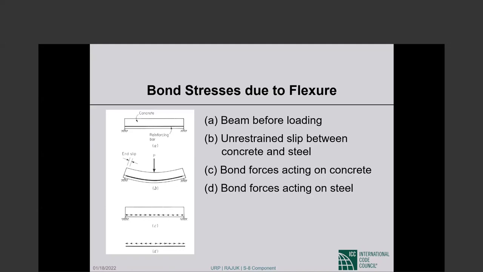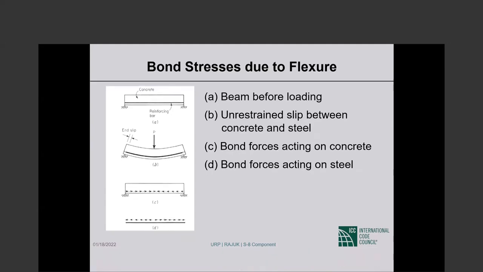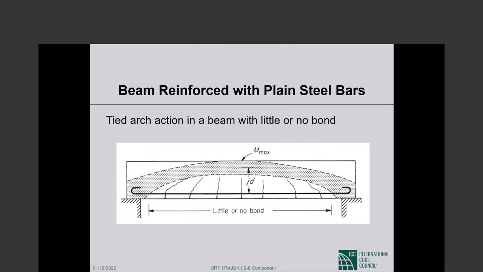The bond stresses acting on the reinforcing steel are trying to bring the reinforcing steel outwards, and the two together would make the concrete and the steel deform together under vertical loads. So this is the very basics of bond stresses between the two.